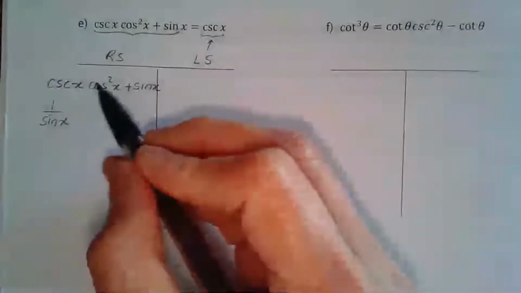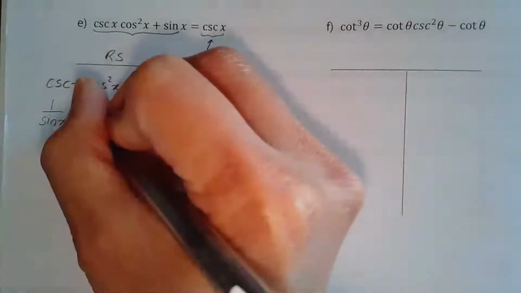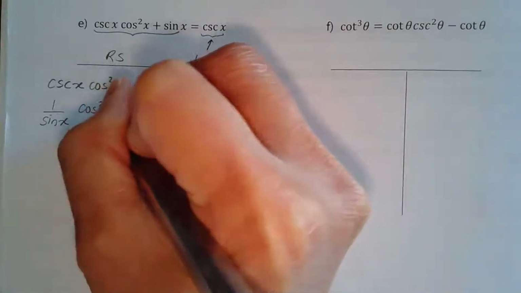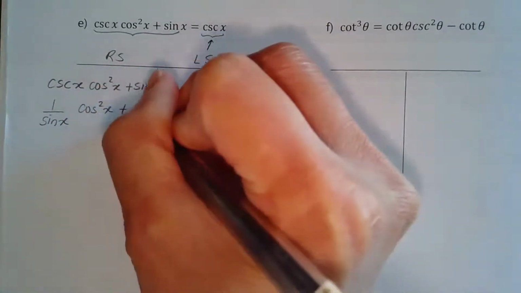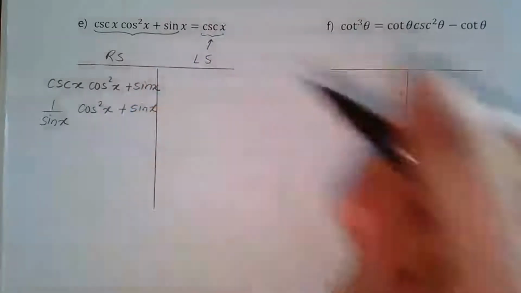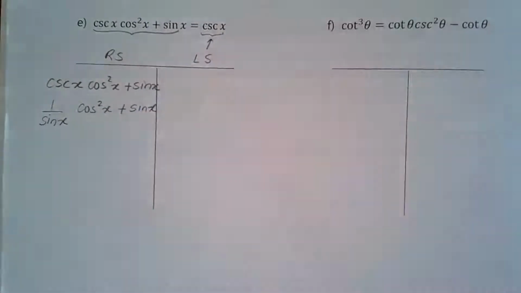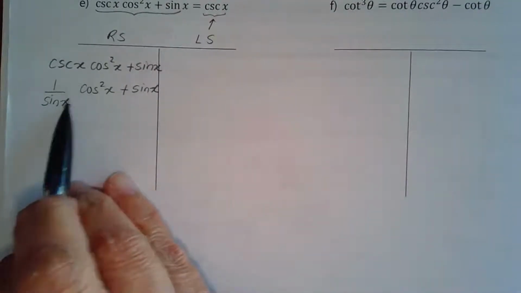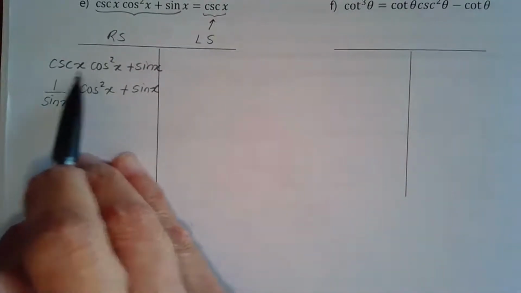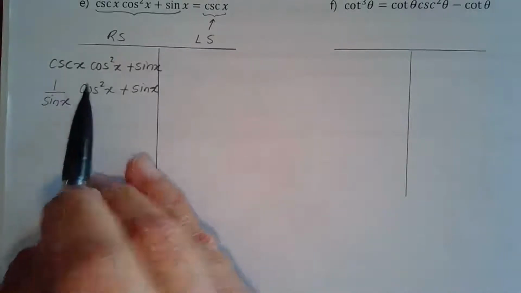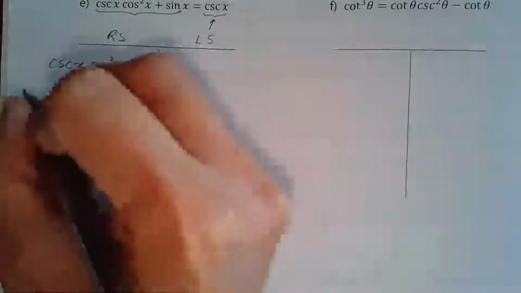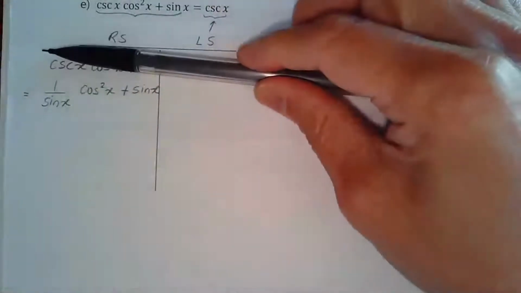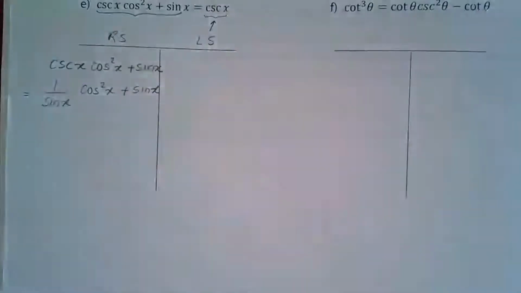And then the cos squared of x plus sine of x, I can just write like that. Well, what can I do? Nothing cancels in here. So what we can do is write it as one fraction. So this line is equal to this line. Now going to the next line.